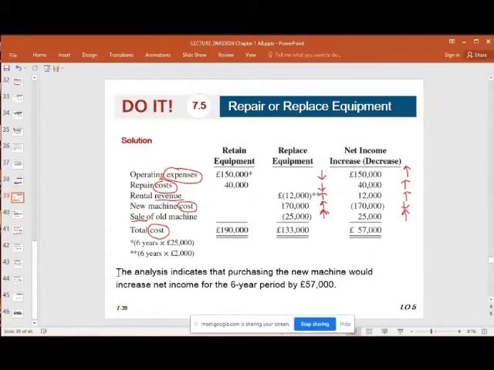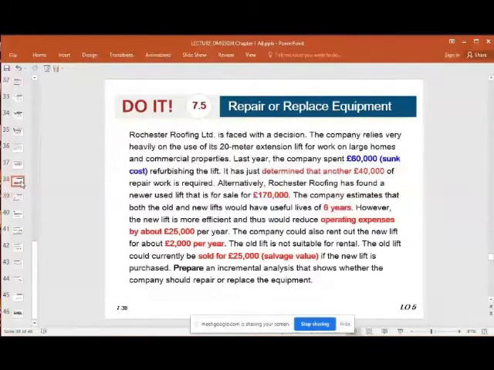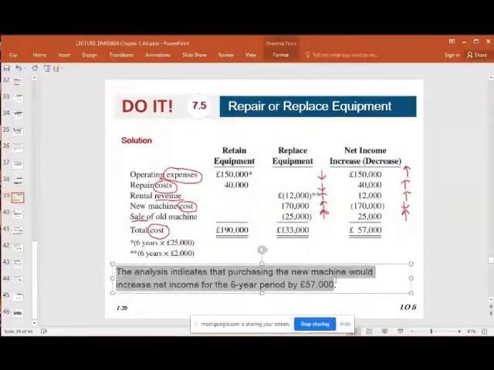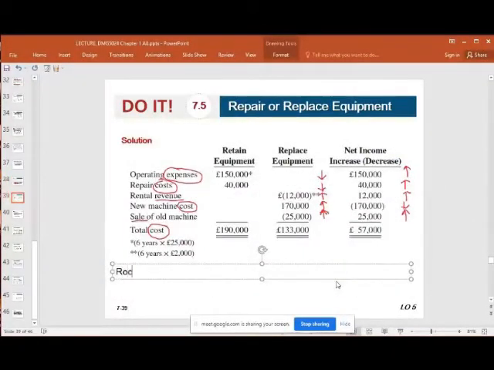Okay, so let's write our decision. This company is called Rochester. Rochester should, since it is positive, go for the new decision.